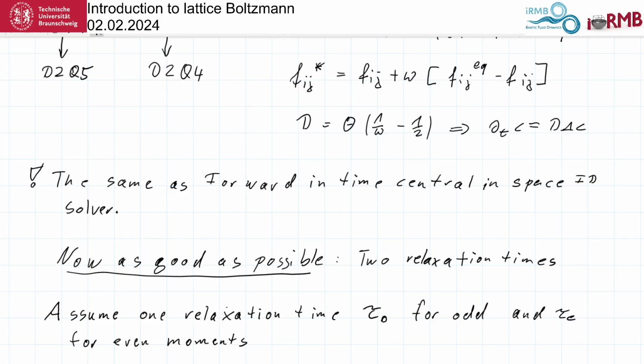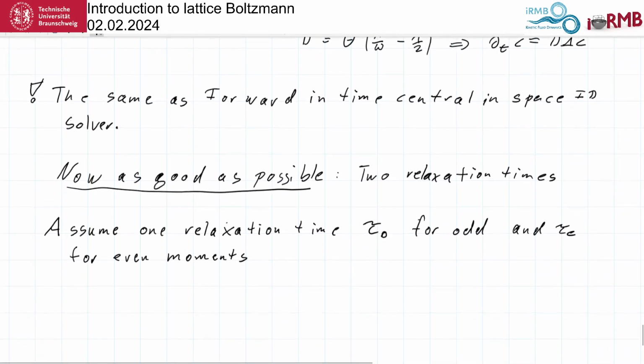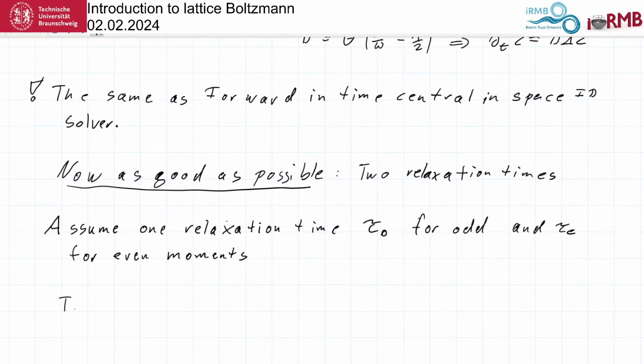Now, the observation was that in our target equation, the relaxation acted on the first order moments. So this is an odd order moment, and the others did not appear. So the only one in the target equation that actually bothers us is the odd relaxation.